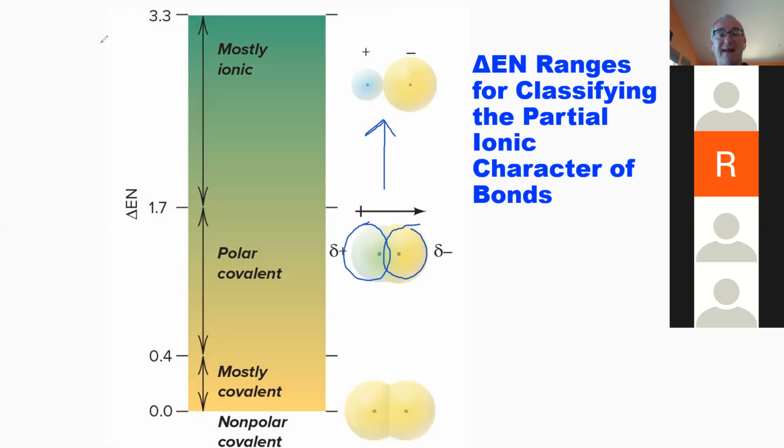Generally you need a metal and a non-metal to get this much of a difference, and that's when you go from an extremely polar covalent bond to an ionic bond.